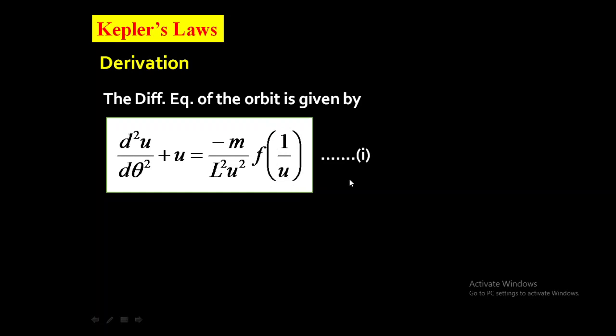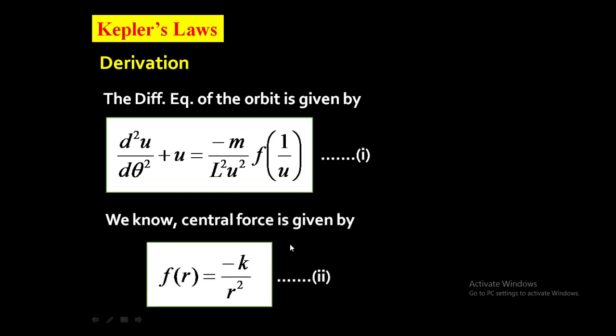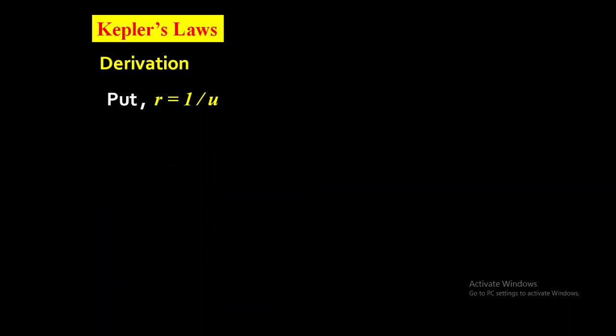This is the first equation. According to the property of the central force, the inverse square law, the central force is given by Fr is equal to minus k upon r square, meaning Fr is inversely related to the square of r. Suppose this is equation number 2, and we put r is equal to 1 by u.